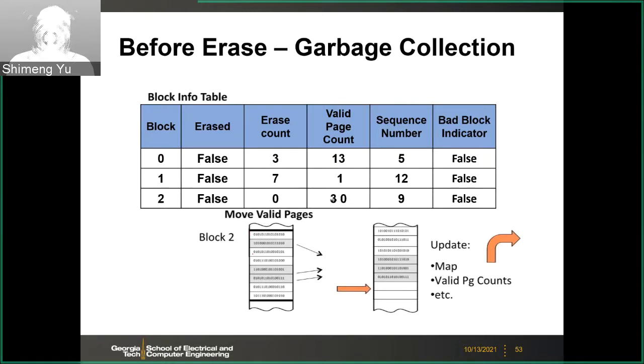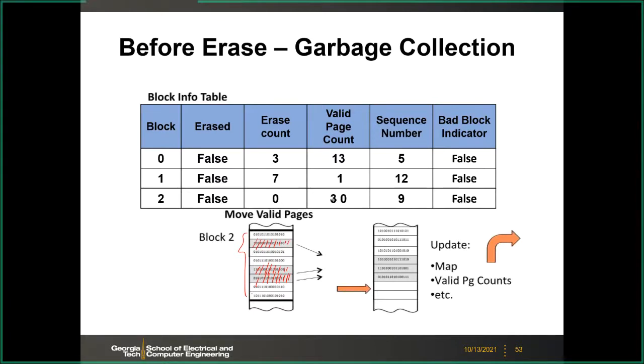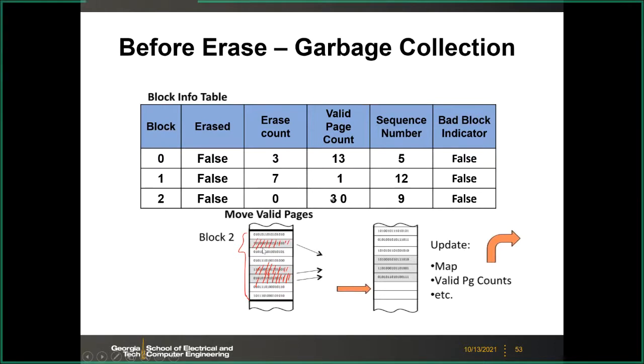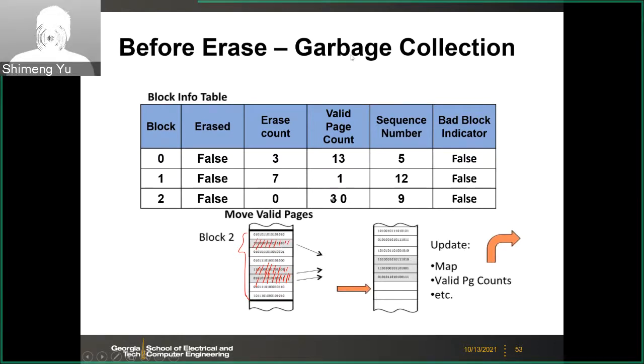That means there is still a lot of data in block 2, but only 3 of them are valid, meaning 3 of them have a corresponding logical address. The others are garbage. So block 2 is not very useful, so we want to erase block 2. But before the erase, you have to do one thing, that is garbage collection.